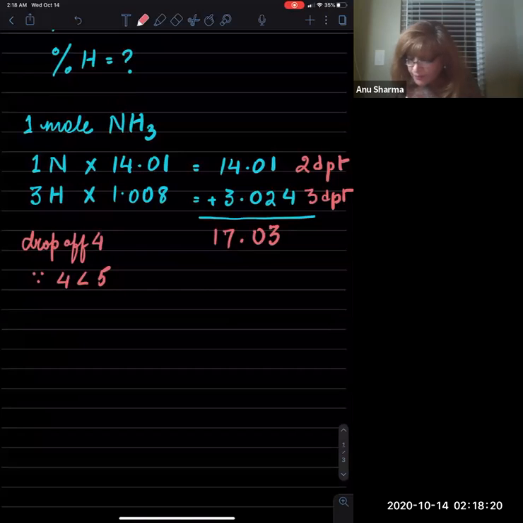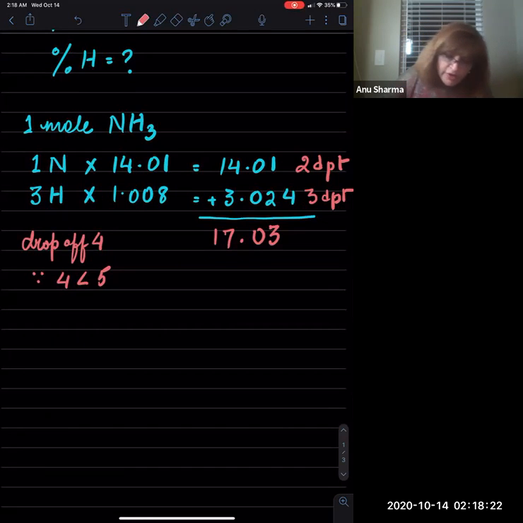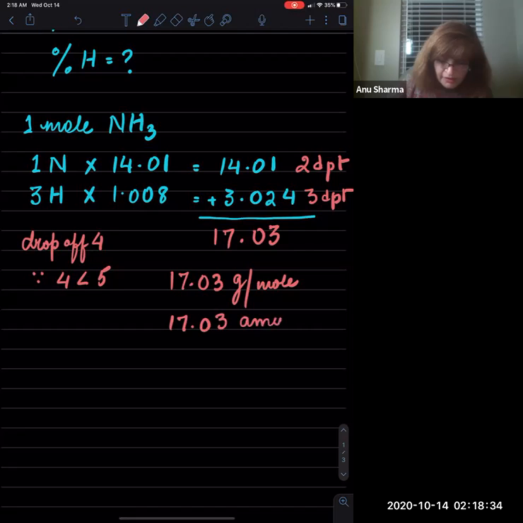In general for the molar mass we call it 17.03 grams per mole, but another unit is 17.03 atomic mass units. So in this case, since we are just doing the percentages, we are going to just follow the atomic mass units. Okay, so let's do this now.